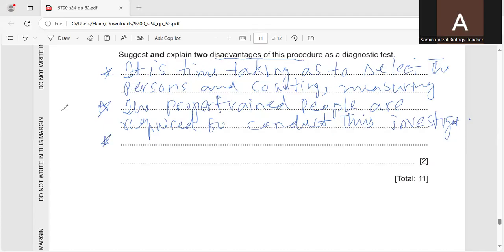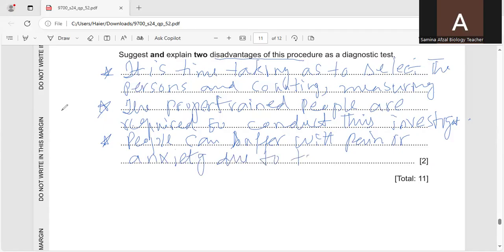And you can say during the long time, the persons can suffer with pain or anxiety due to tumors.